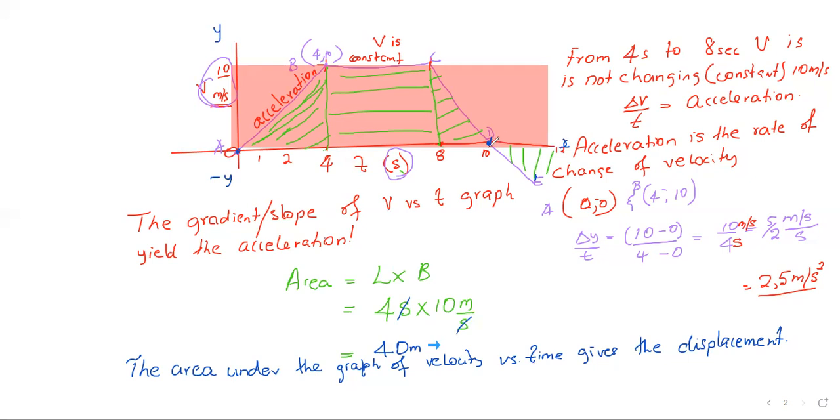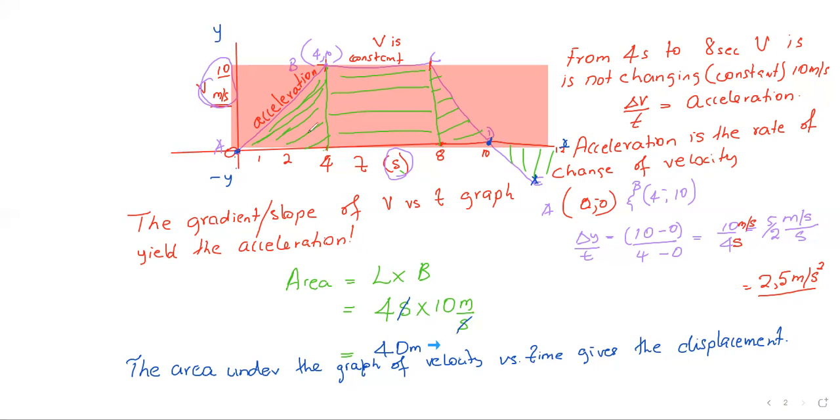Now, it's easy for you to calculate the distance that the object has moved from A to D, as well as the displacement from A to D, as well as the distance that an object has moved from point A to point E. And interestingly, you can also get the displacement from A to E. But don't forget that this is a negative vector.